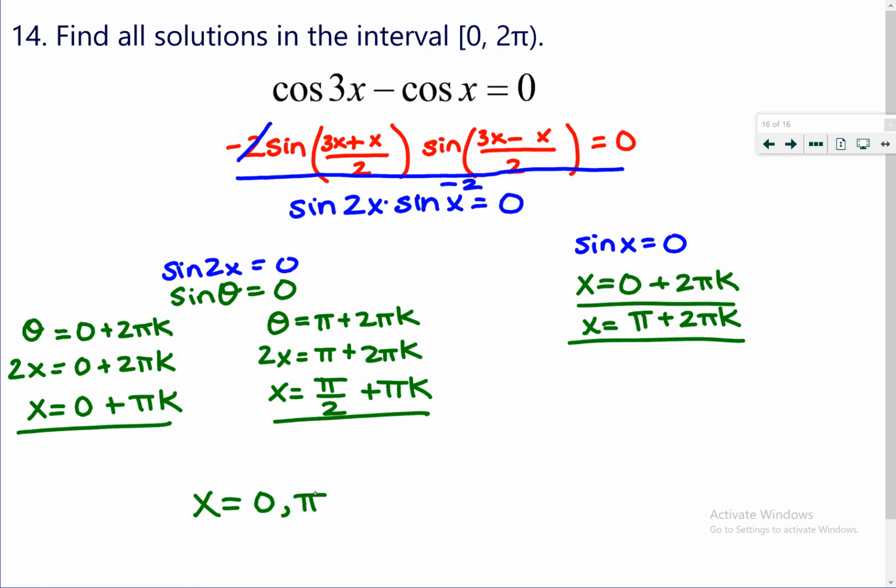Plus another pi is 2 pi, but we want 0 up to but not including 2 pi, so I'm not going to write 2 pi down. That's all I get from the first group. Then pi over 2. If I add pi to that, I get 3 pi over 2. If I add pi to that, I'm bigger than 2 pi. And then on the right, 0 I already have, pi I already have, plus 2 pi k isn't going to give me any extra answers between 0 and 2 pi, so you have 4 answers.